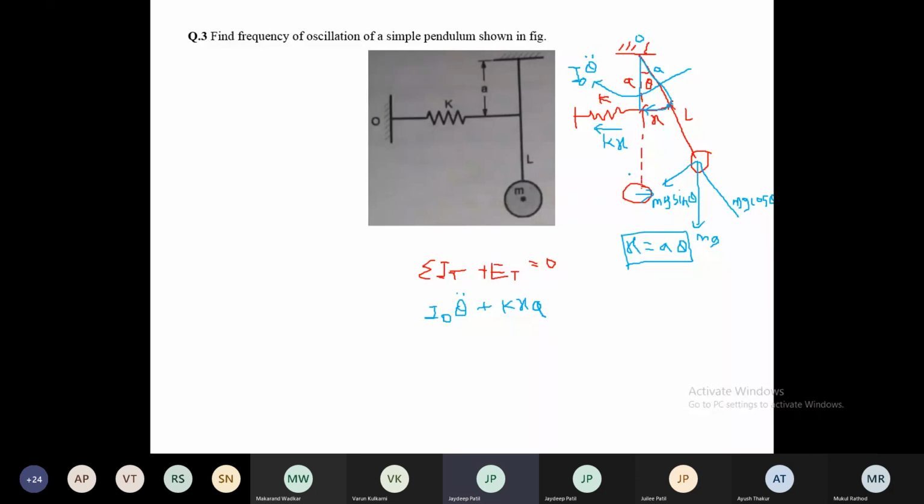The next is the torque due to the component of mg sin theta: mg sin theta into distance. What is the distance?